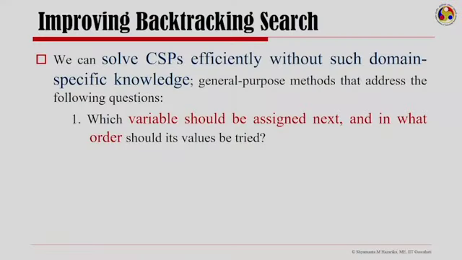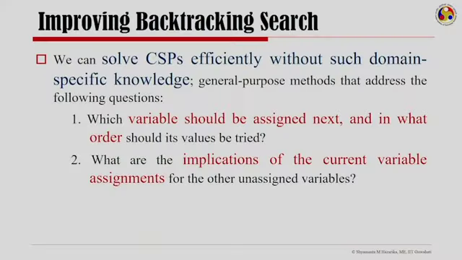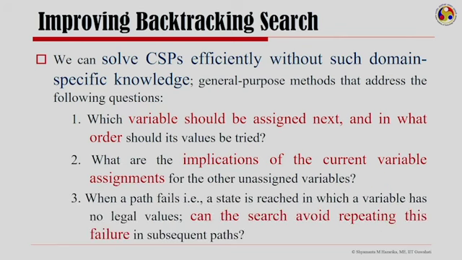A. Which variable should be assigned next, and in what order should its values be tried? B. What are the implications of the current variable assignment for the other unassigned variables? C. When a path fails, that is, a state is reached in which a variable has no legal values, can the search avoid repeating this failure in subsequent paths?